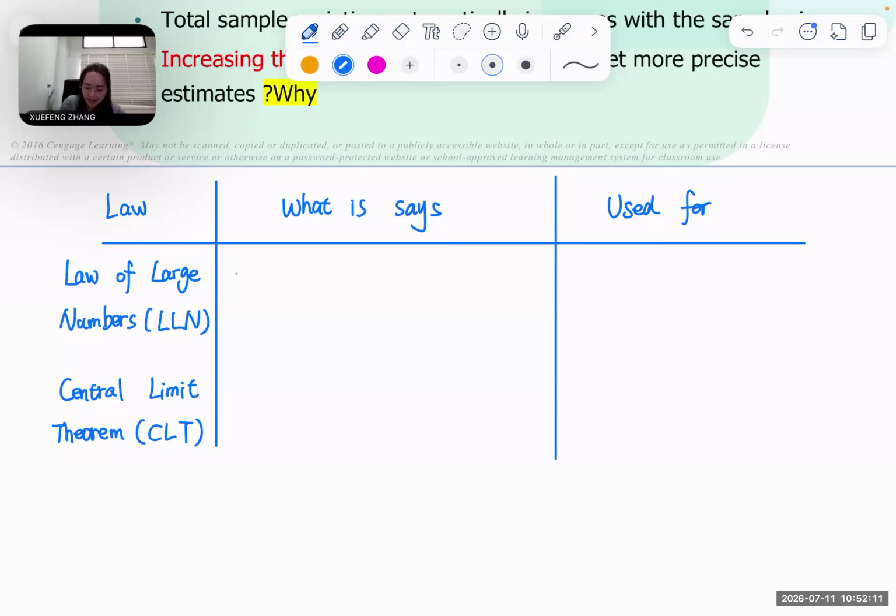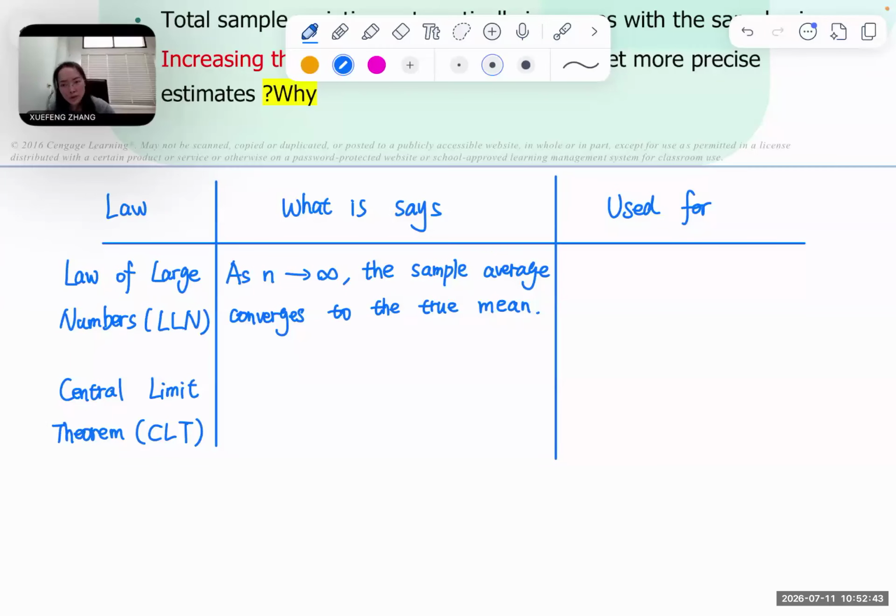It says that as n goes to infinity, the sample average converges to the true mean. We use it for consistency. Your estimator hits the right target.